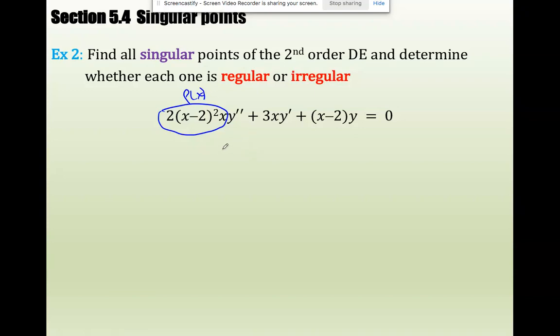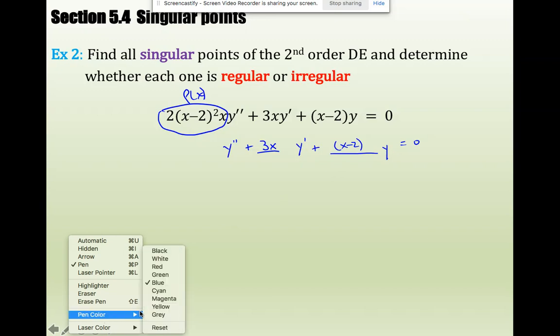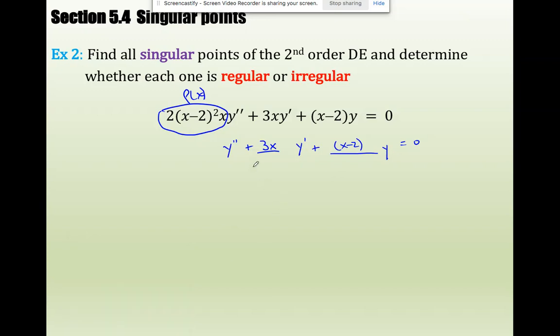So to get it in standard form, divide everybody by 2 times x minus 2 squared times x.